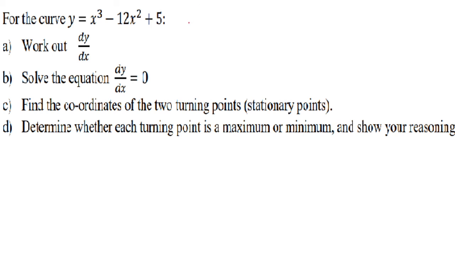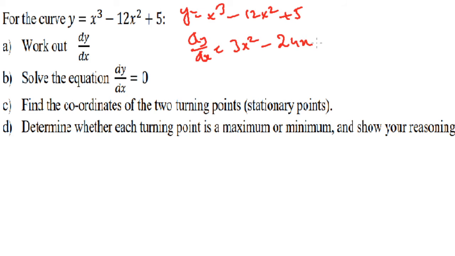See, I'm doing it here. y is given to us as x cube minus 12x squared plus 5, then dy dx becomes what? 3x squared minus 24x. That's the derivative of the function. Okay, so we got the derivative.